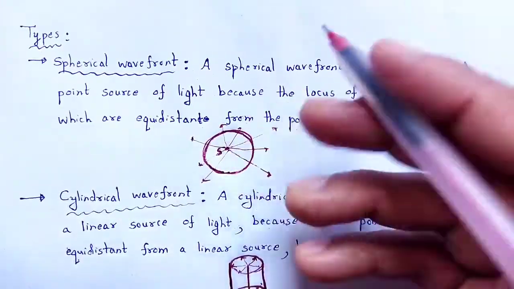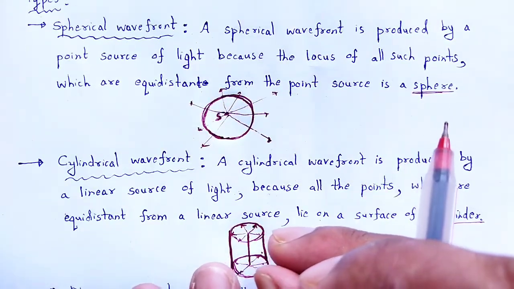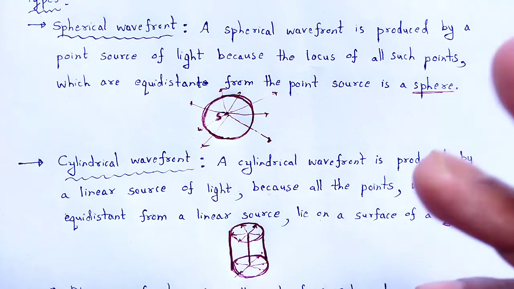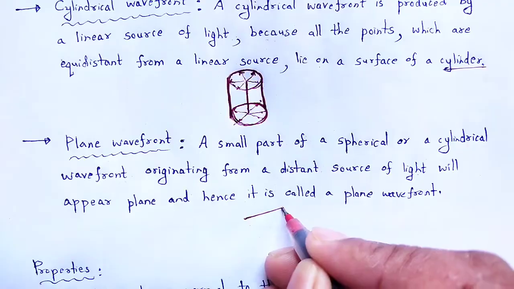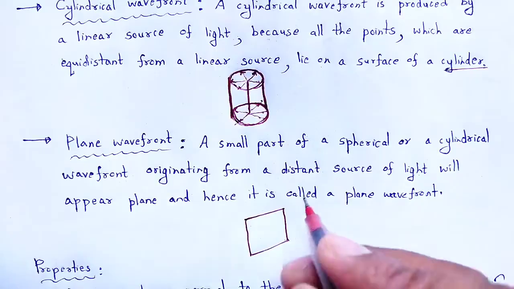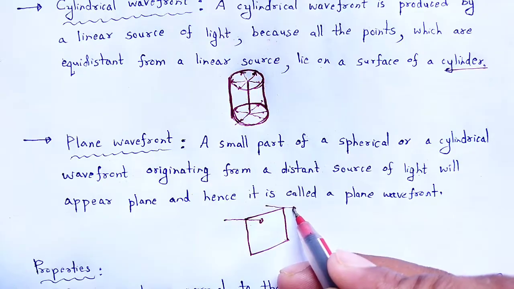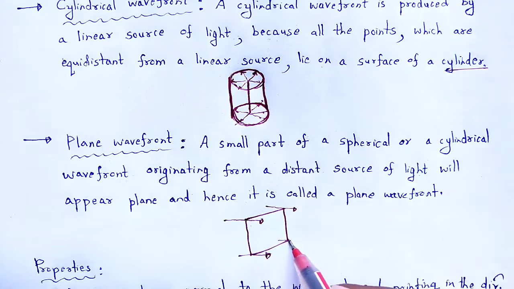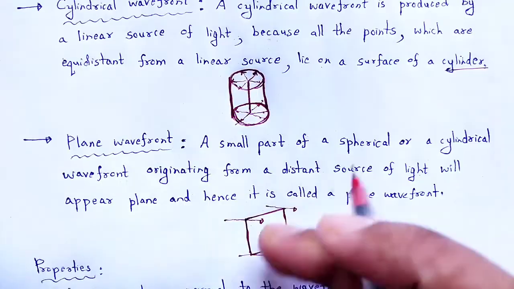If we take a small portion of a spherical or cylindrical wavefront at a particular distance, it seems to be like a plane. That is the representation of a plane wavefront.